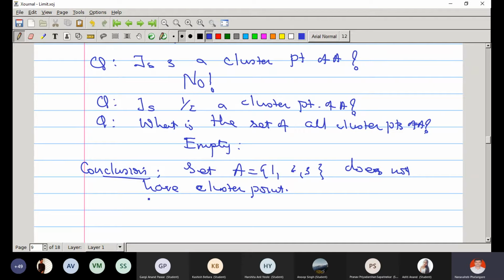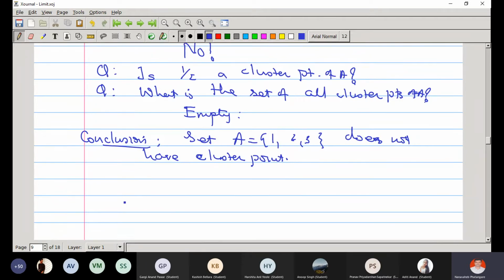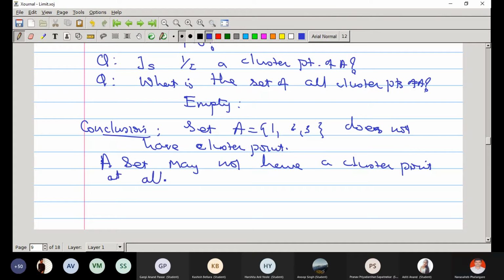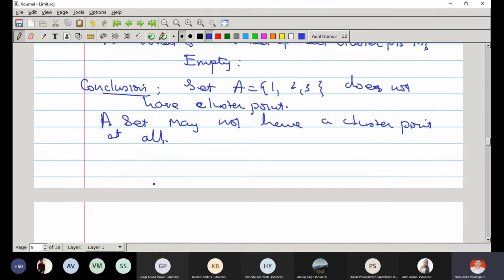Right, and therefore a set may not have a cluster point, because it is not necessary that every set has a cluster point. A set may not have a cluster point at all. Right? Do you understand this?